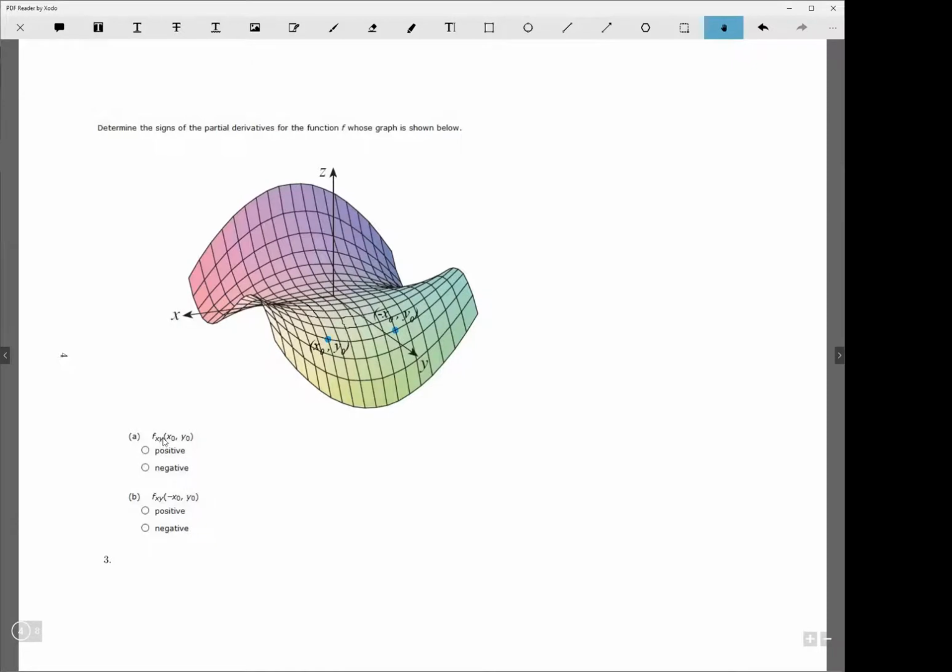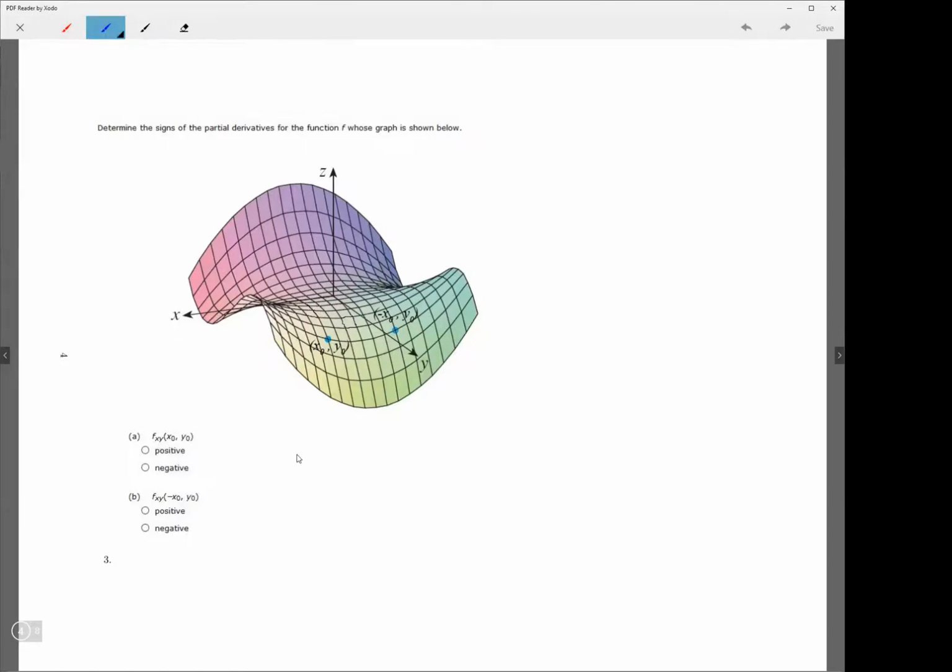And then the partial with respect to y. Okay, at this point. So now, this is a bit more tricky, or maybe a lot more tricky, who knows? Okay, so let's take a look at this first.